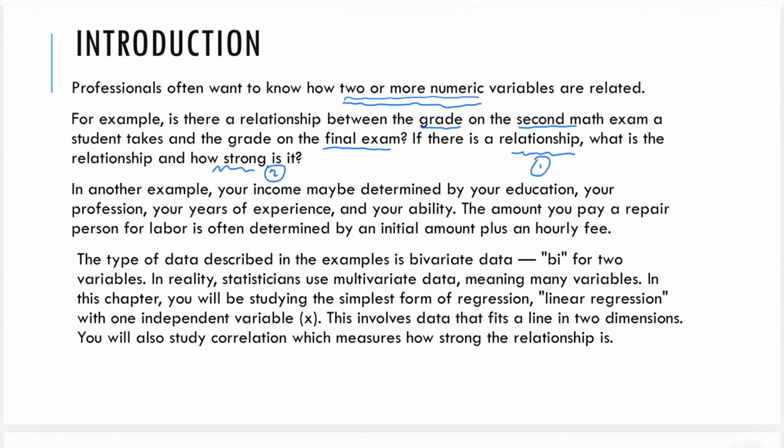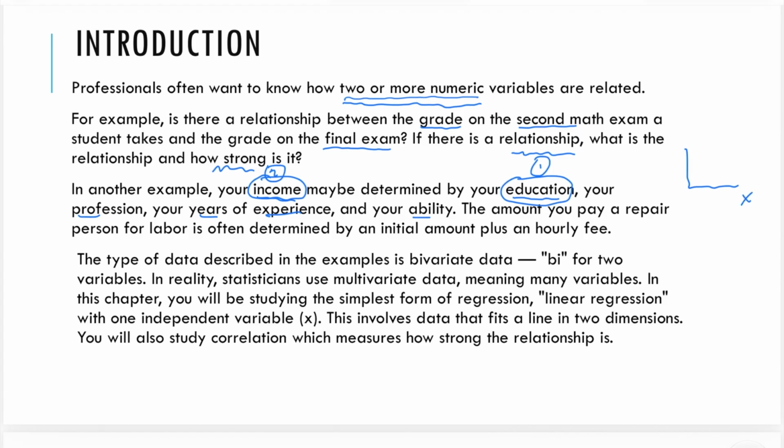We also might want to take a look at our income and see if it's determined by our education or our profession, years of service or experience, or our ability. So again, we might look at income and education. The more education you have, does that mean you're going to have more income?